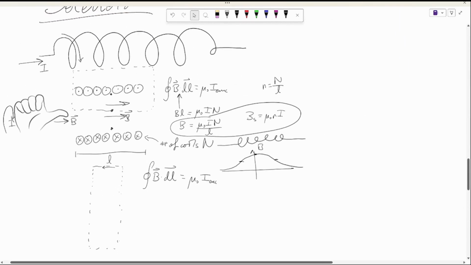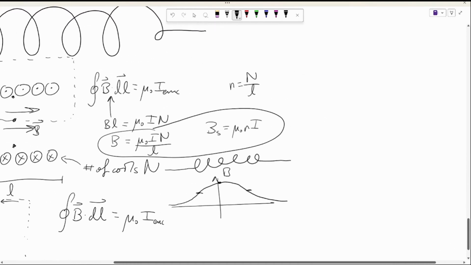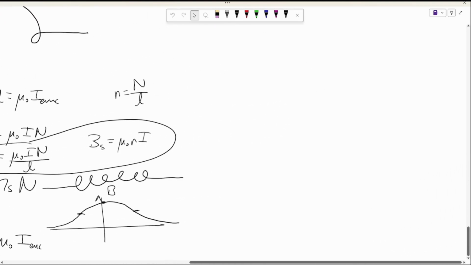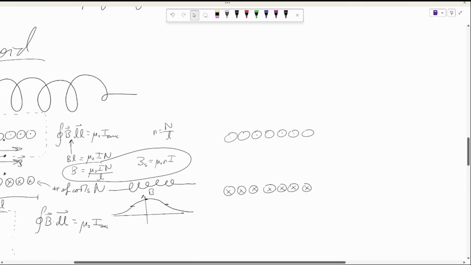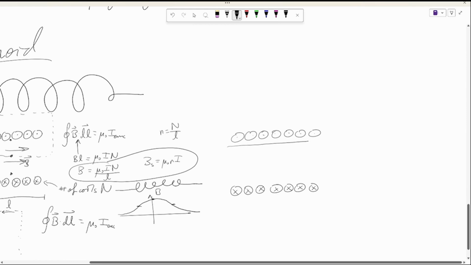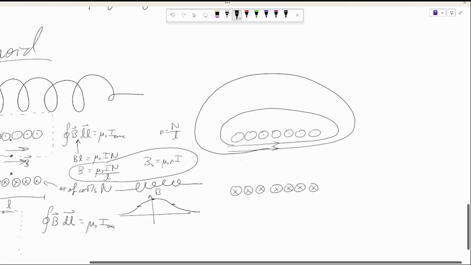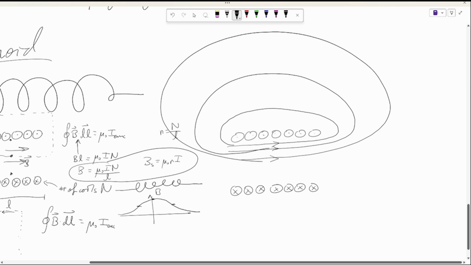So let me quickly draw a little bit of a better picture of what the B field lines actually look like. So I'm going to draw it this style again. So once again, we have current coming out at the top, going into the page at the bottom. Your B field is going to look roughly like this. There should be bigger, but oh well.